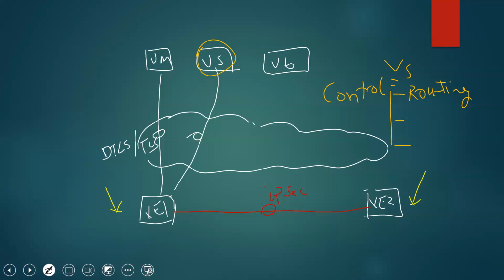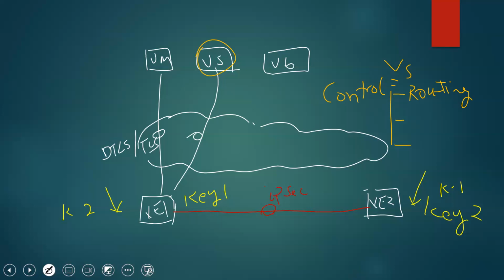So vEdge1 should know the key, the private and public key that we have. Suppose this is key number 2 and this is key number 1. He should know key number 2, and vEdge2 should know key number 1, in very simple form, but there are so many things happening behind the scene.